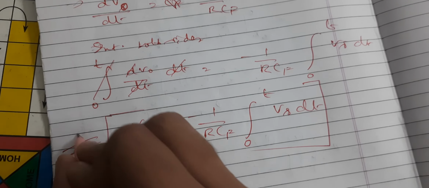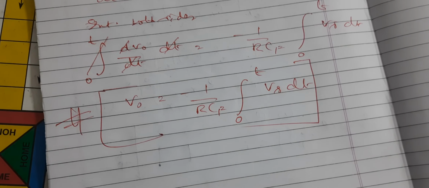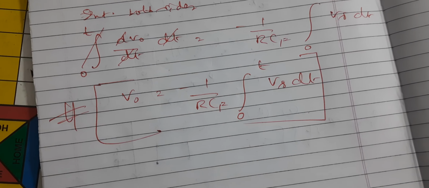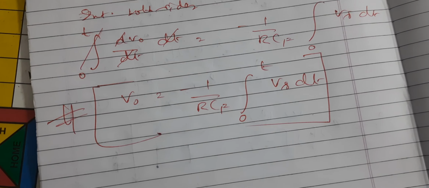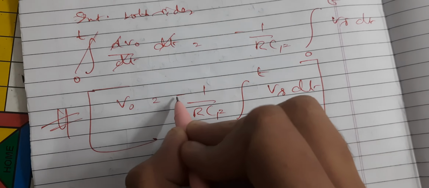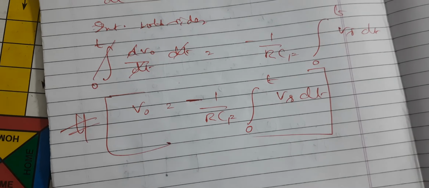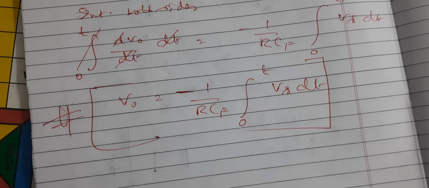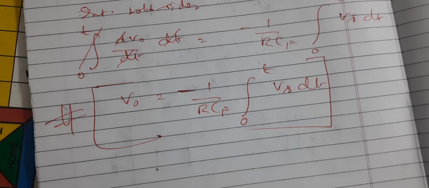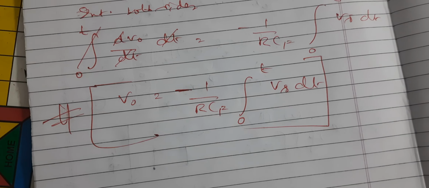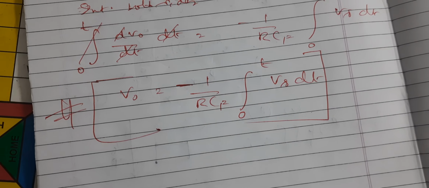This is the final equation for the output voltage after solving the integrator circuit. Hence we can see that the output voltage is proportional to the time integral of the input voltage, and minus 1 by R into CF is a constant.